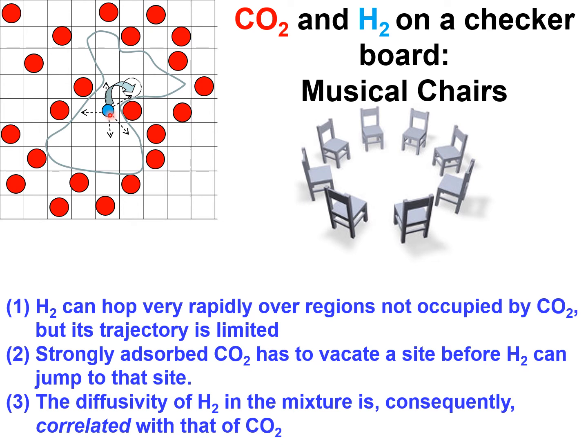The net result is that the mobility or diffusivity of hydrogen is severely reduced due to the tardier CO2 molecule that is reluctant to vacate its position. It's akin to a game of musical chairs. A hydrogen molecule can only occupy a chair if it's vacated by CO2. And this results in a slowing down effect for hydrogen.